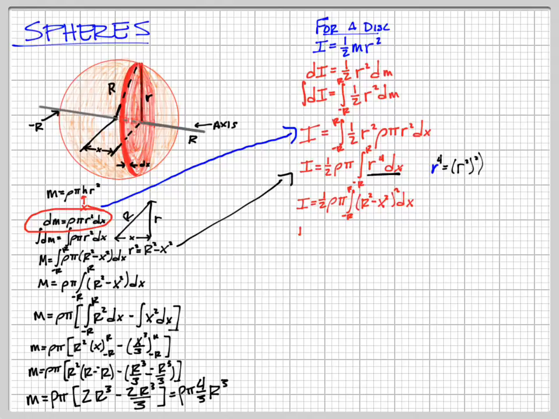So instead of r squared minus x squared quantity squared, it's going to be r to the fourth minus 2r squared x squared plus x to the fourth. Then we're going to apply the integral to each little piece of that. So let's FOIL it out. R to the fourth minus the middle term, 2r squared x squared plus x to the fourth. All in terms of dx.